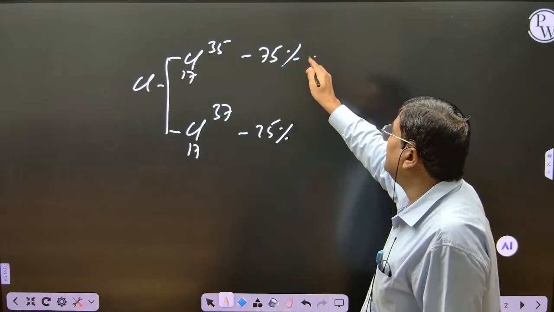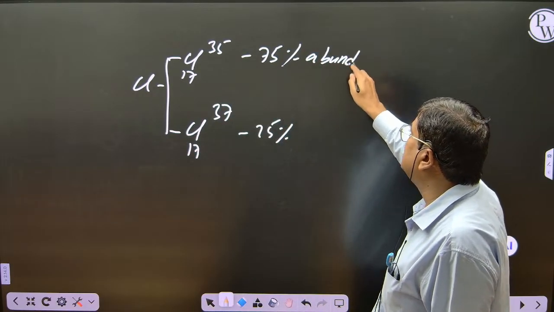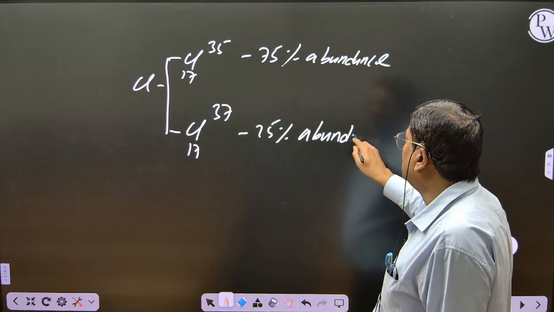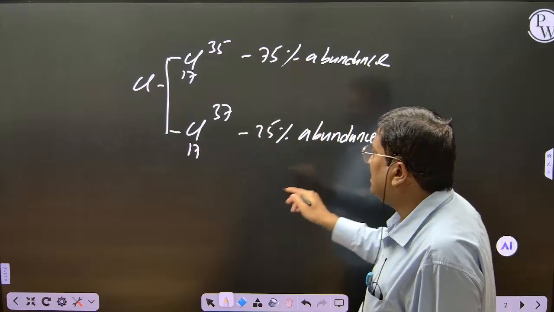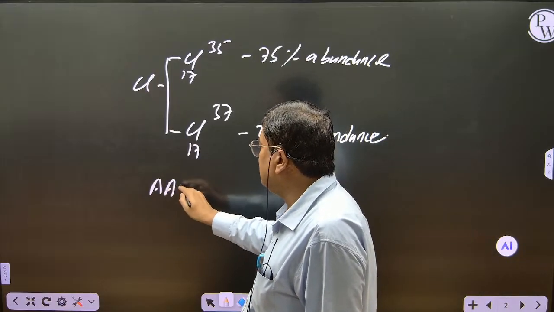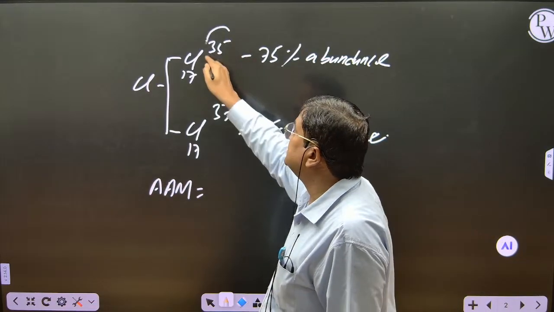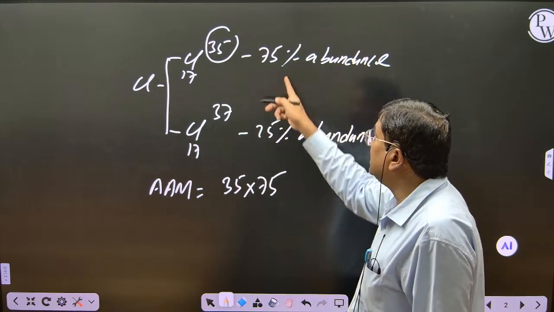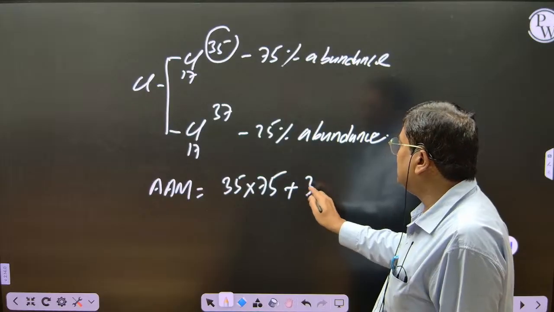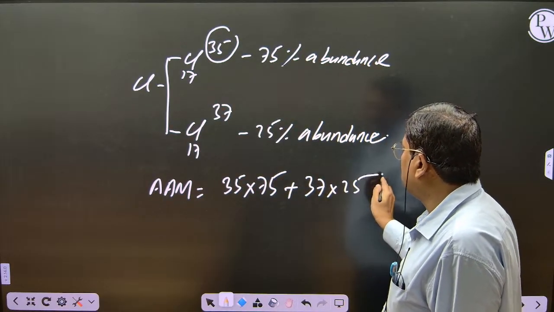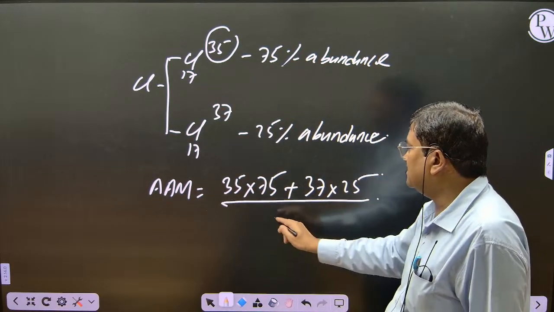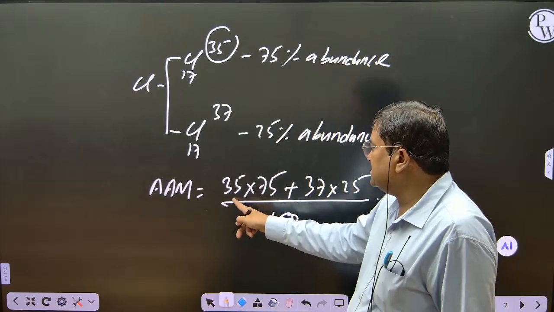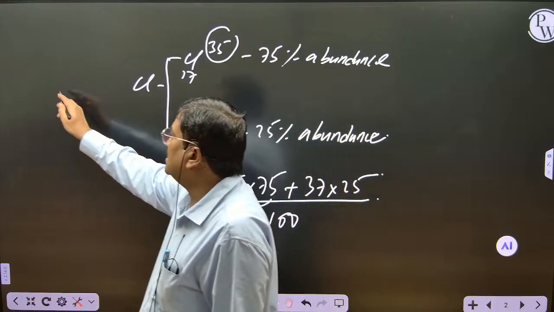Then how do we get average atomic mass? Yesterday we did this: 35 into 75 is the percentage abundance, plus 37 into 25, divided by total abundance, which is 100. Correct.